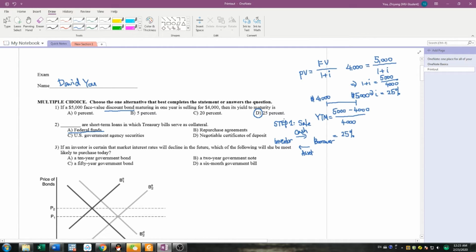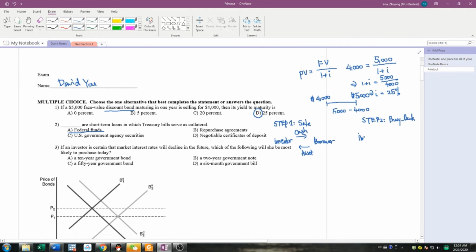And in step 2, so excuse me, let me erase this thing here. Okay. So step 2 is that after a certain amount of time, there will be a buyback.